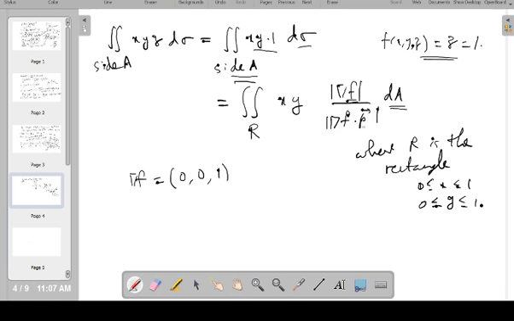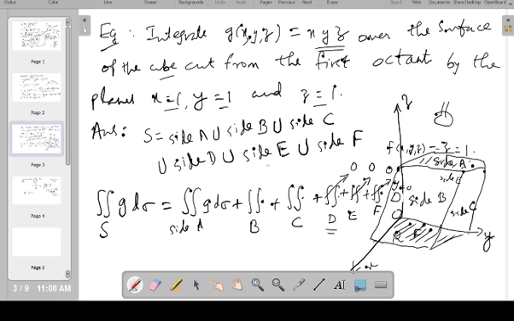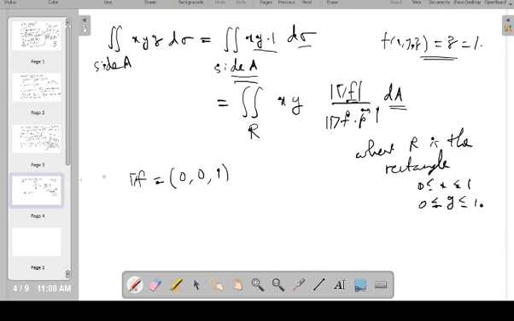And what is the vector P? It is the vector perpendicular to the shadow region. So the unit vector perpendicular to the shadow region, P can be taken as vector K. So norm of del f is equal to 1.